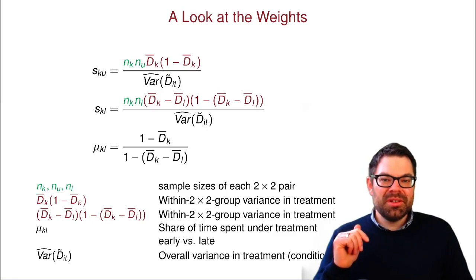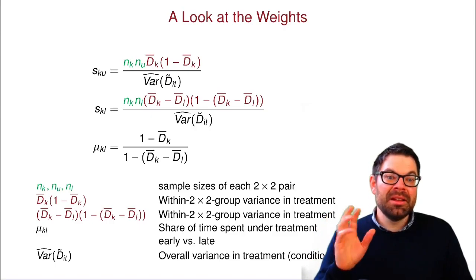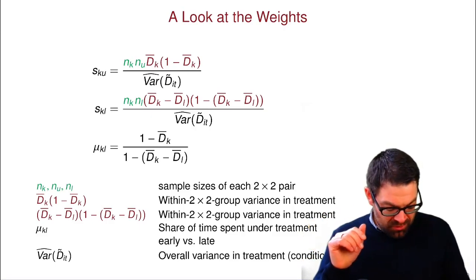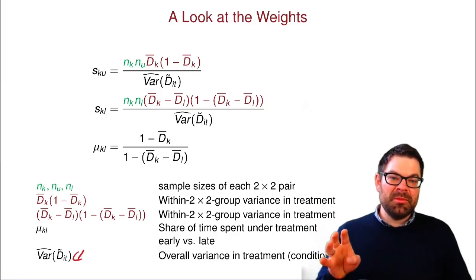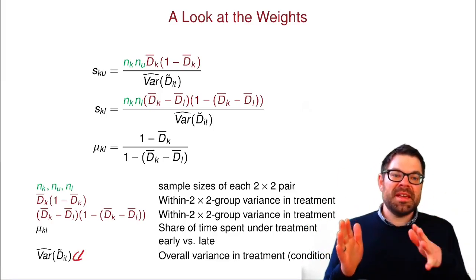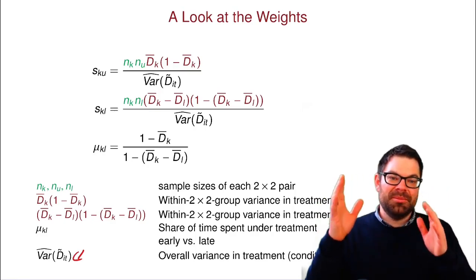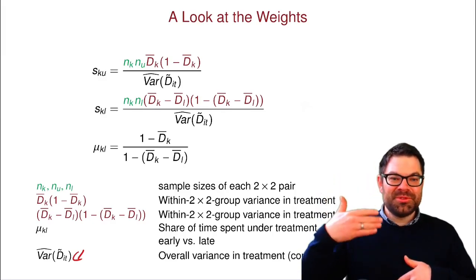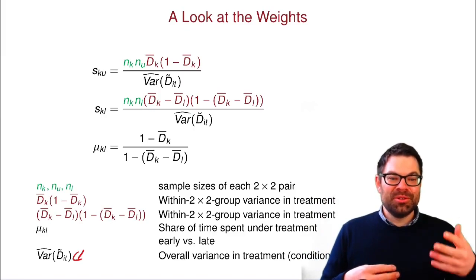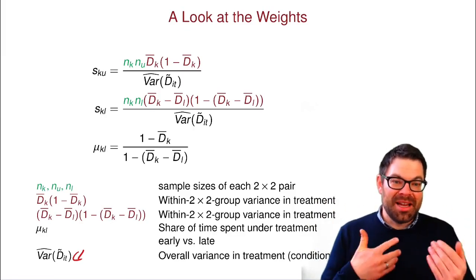The first thing we should look at is the overall variance in the treatment. The overall variance in the treatment here is not the pure variance of a dummy variable, because it already differences out those fixed effects. So it's the variation of the treatment dummy after conditioning on state or unit and time fixed effects.